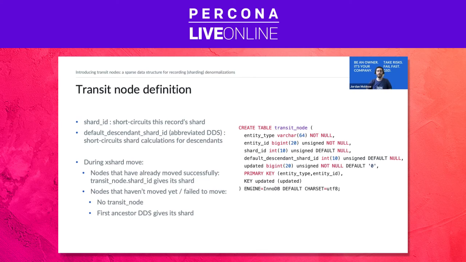And the way that this information gets used during a cross shard move is that if a node has already been moved successfully, it's going to have a transit node on it, and the shard ID value is going to give its shard value. On the other hand, nodes that haven't moved yet are not going to have a transit node on them, and therefore the first ancestor with a transit node is going to have a DDS value that gives its shard.